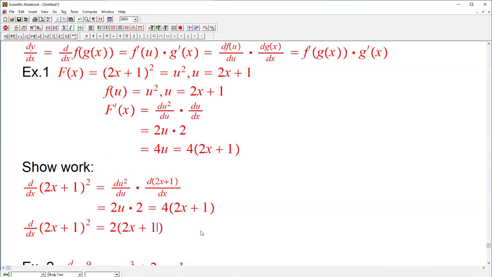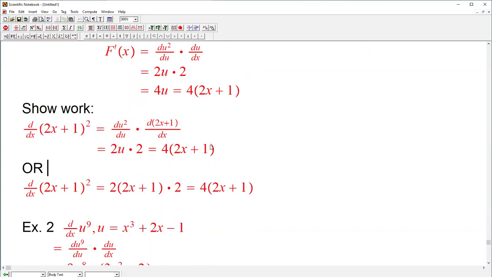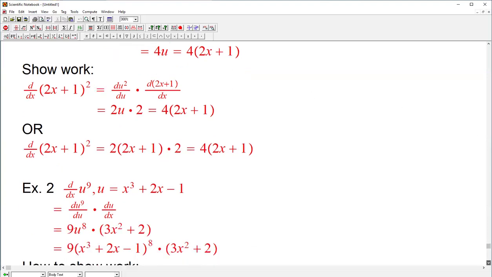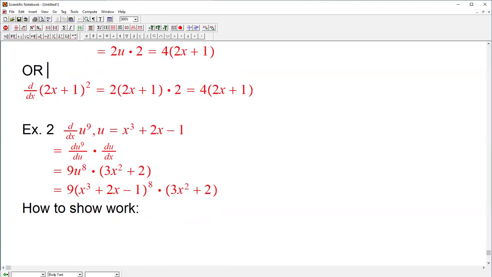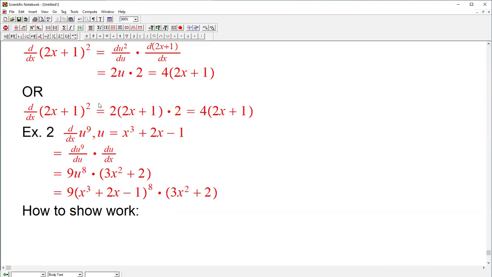So it's 2 times u, and then I'm differentiating 2x plus 1, which equals 2. And you also get the same answer. You didn't explicitly bring u into the picture, but that is okay too as you're getting better, because in your mind there is a u, you just didn't express it. Can your reader read it? I assume so. If you show your work like this, yes, your reader can read it.